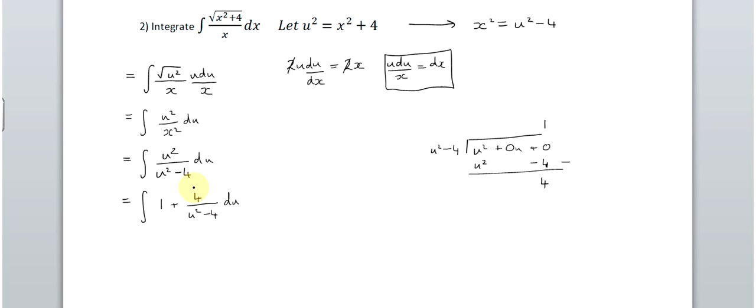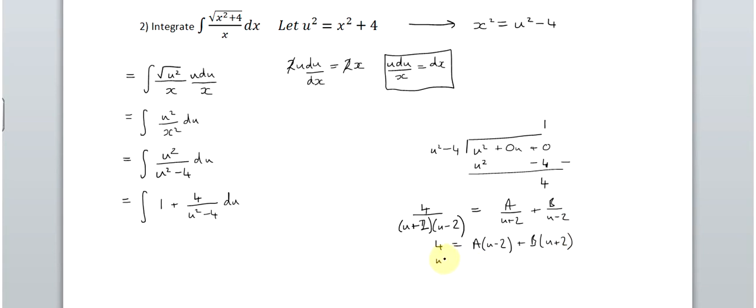Now, the next thing to do, we've done the top heavy part, so now we're going to split this into partial fractions. So we have 4 over, and it's the difference of 2 squares on the bottom. Hope you spotted that one. So we've got u plus 2 and u minus 2. So let's have A over u plus 2 plus B over u minus 2, which gives us 4 equals A times u minus 2 plus B times u plus 2.